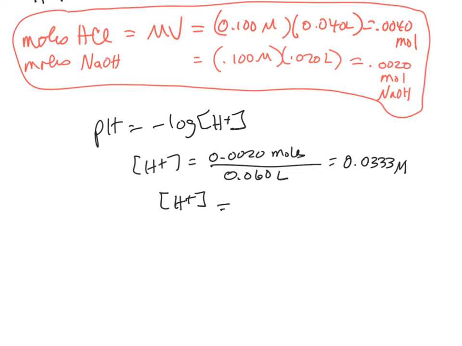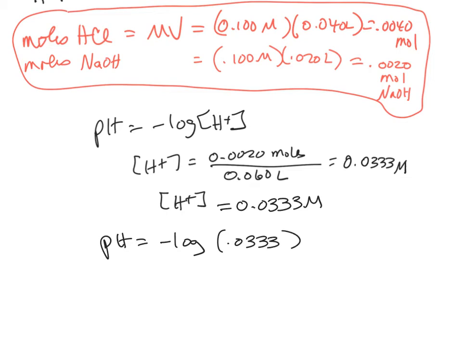All right, so pH then will be negative log of that. And that works out to be 1.48. I just checked that. Yep, that's right. Okay, so that's the second one.